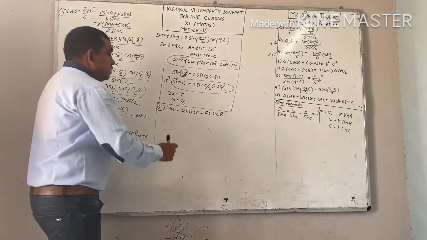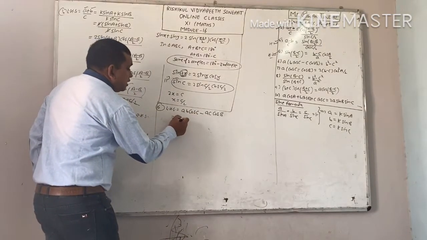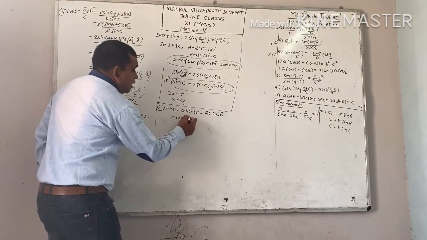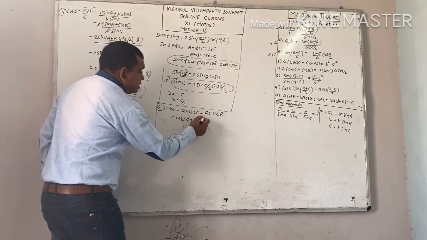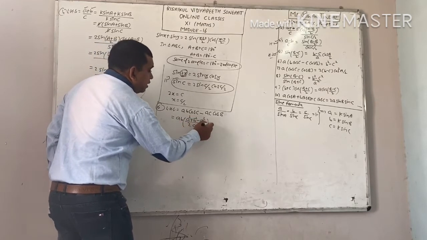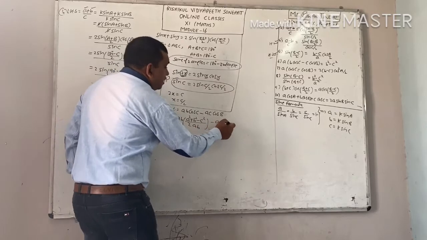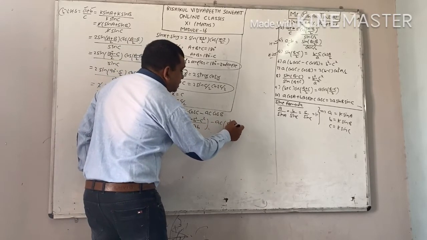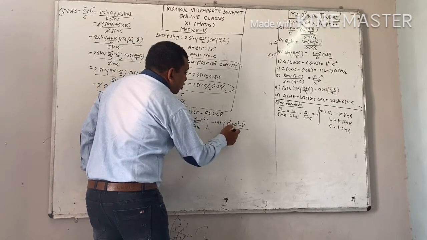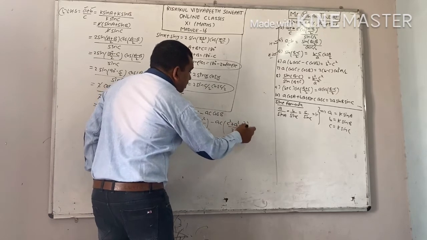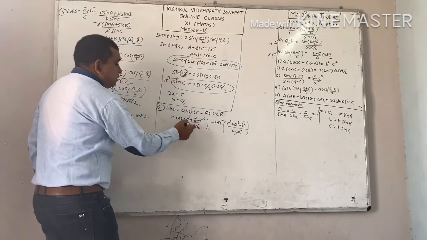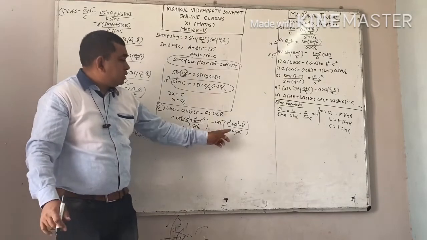Put the values of cos C and cos B. You know the cosine formula. Cos C equal to (a square plus b square minus c square) upon 2ab. Now cos B is (c square plus a square minus b square) upon 2ca. This ca cancels out, here ab is cancelled out. Now this 2 is the LCM.